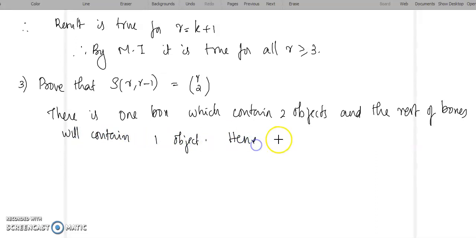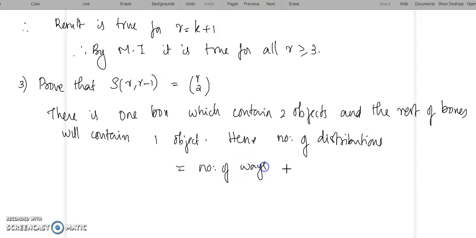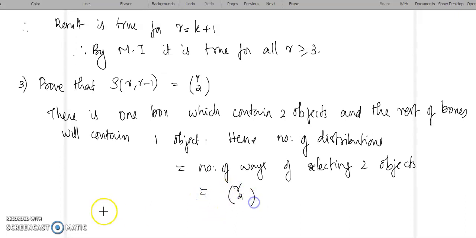Hence the number of distributions will be equal to the number of ways of selecting 2 objects. So that will be given by rC2. So therefore S of r, r minus 1 is equal to rC2. So this is the proof of this result.